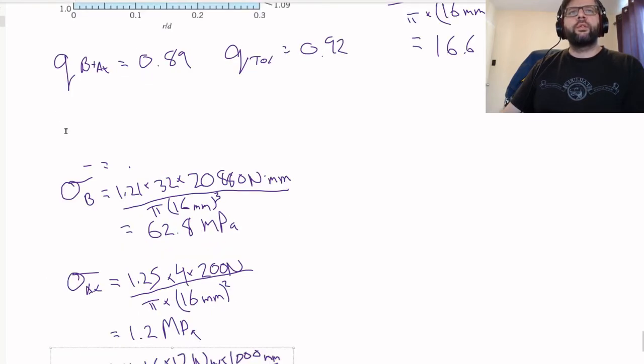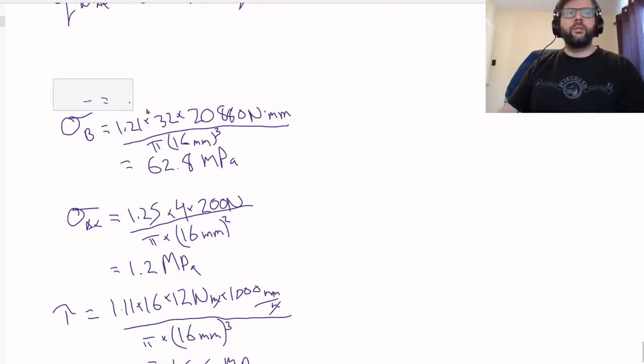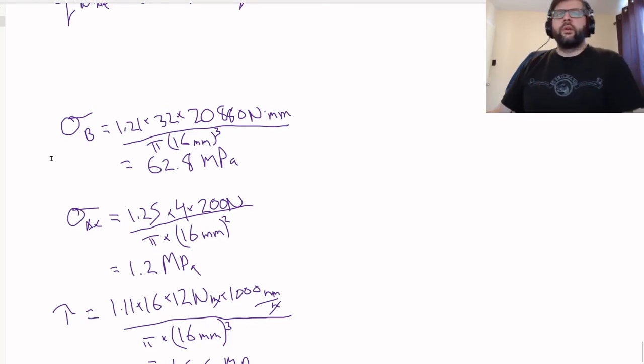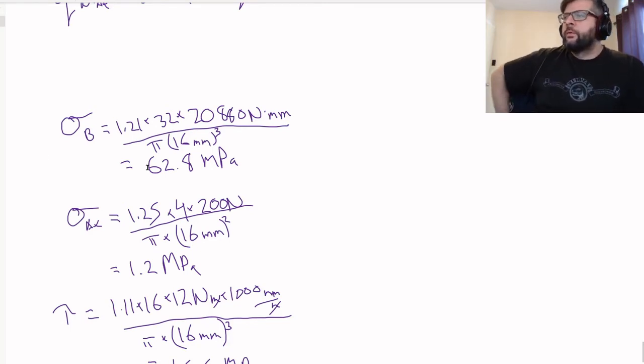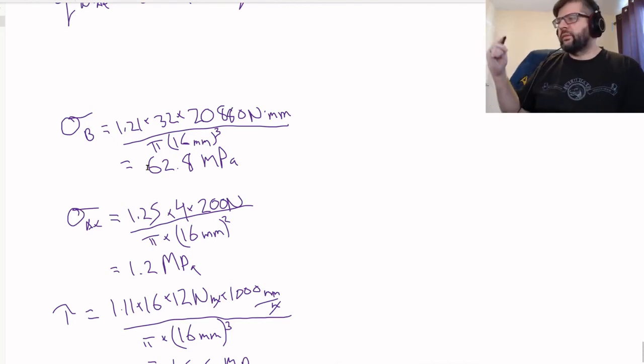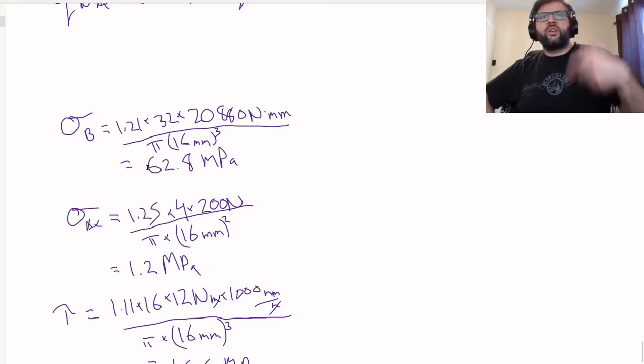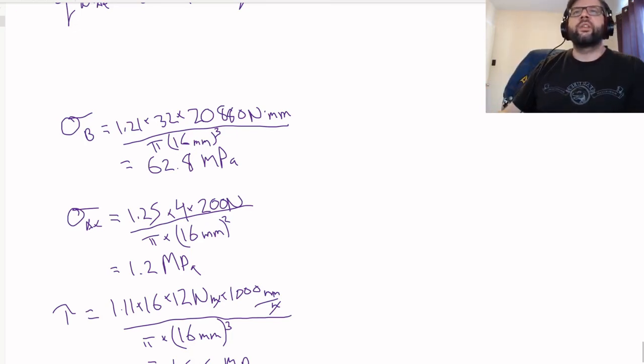Now, if we want to figure out what's going on here, we need to figure out which are steady and which are reversing. So typically speaking, assuming the worst case scenario is we're just pressing there, each rotation we're going to see the bending stress be completely reversed.